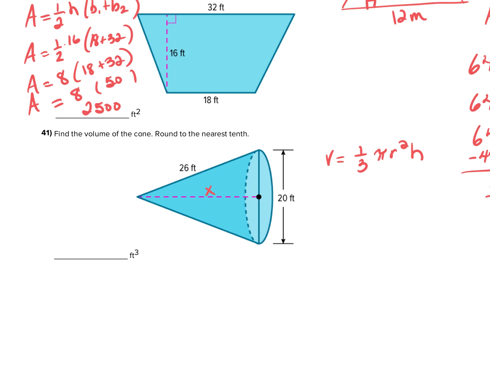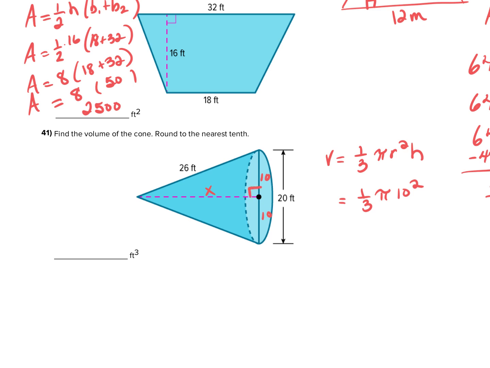Because I know that the radius is half the diameter, I know that each of these from the center of the circle to either edge is 10. So I know r is 10. But I'm still missing my h.